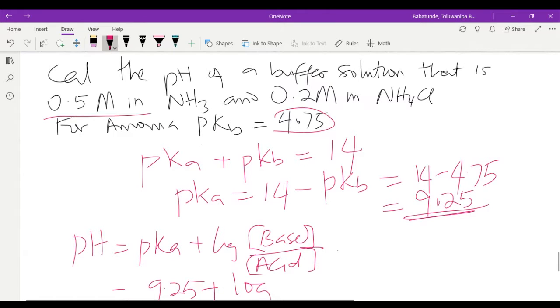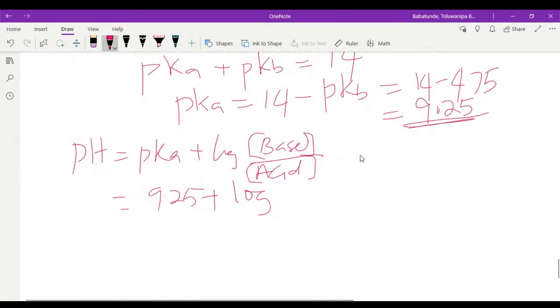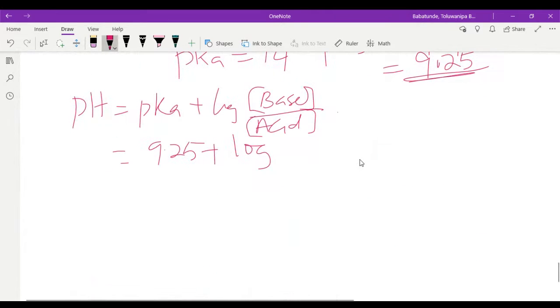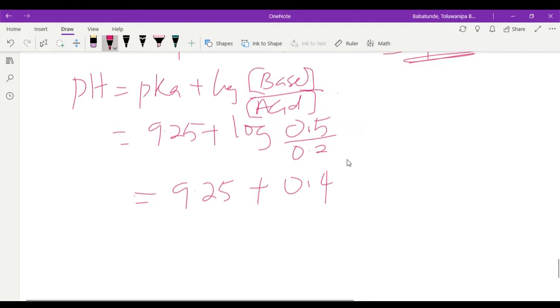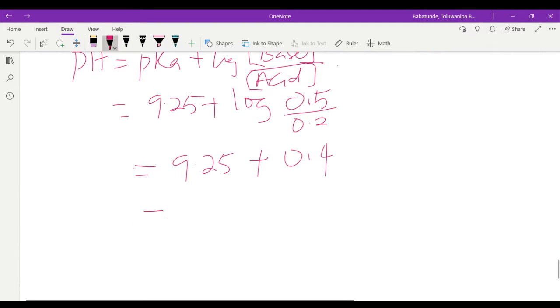Here, this is our weak base, which is the ammonia, and 0.2 is that of the acid. So we have 0.5 over 0.2. When you plug that into calculator, it's going to give you 9.25 plus 0.4, and we add this together, it's going to give us 9.65. That is our pH.